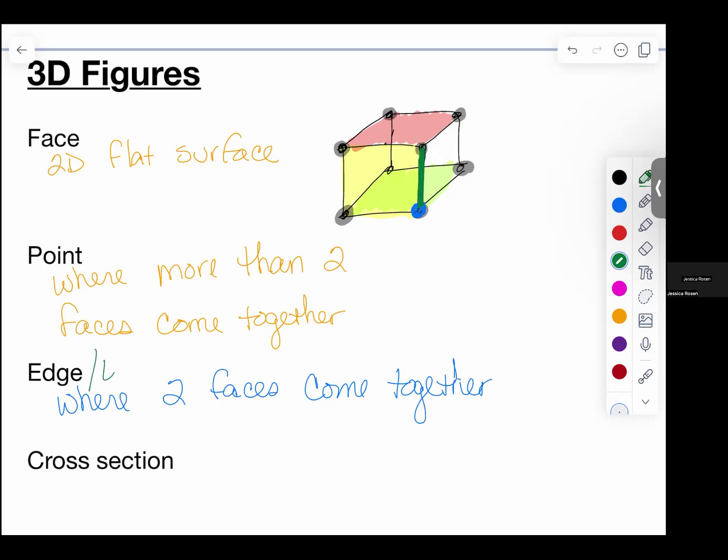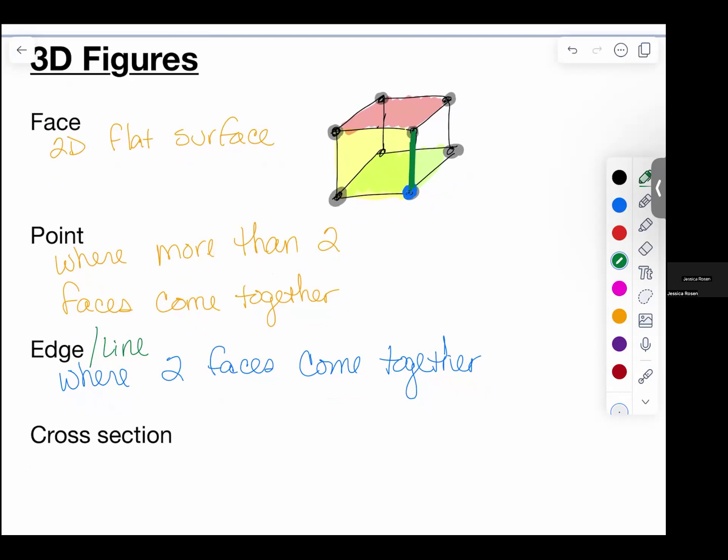So an edge is the same as a line, and a point is a point. Okay. So being able to identify those things as we go through is going to become helpful. But an edge is where two faces come together or two planes. So I'm going to put in here, AKA planes.